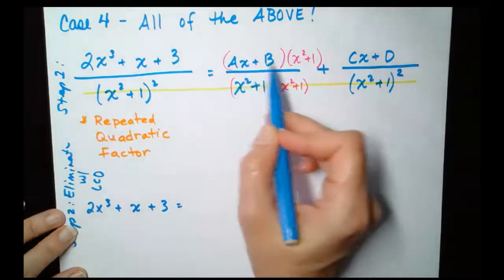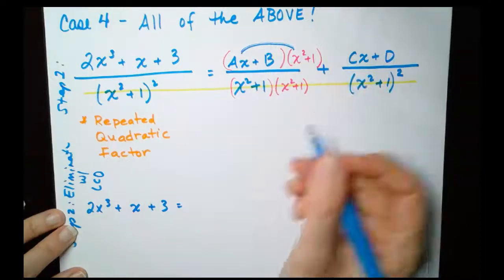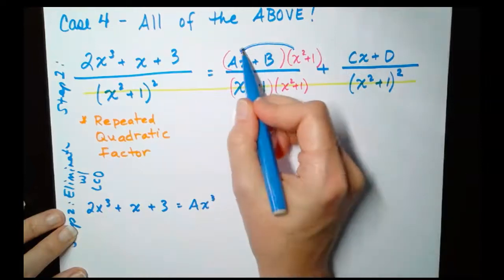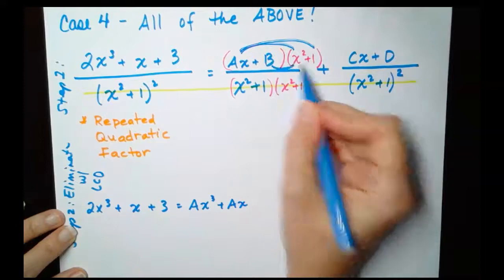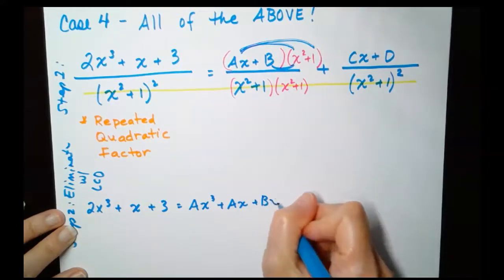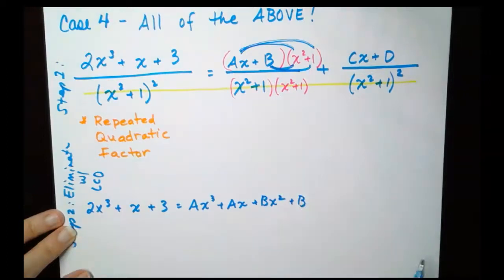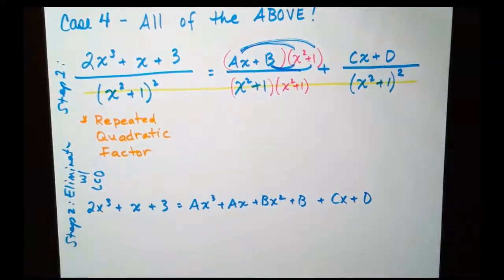We need to use the distributive property here. So ax times x² is ax³. Ax times 1 is ax. B times x², bx², b times 1 is b, plus cx plus d. So we eliminated the LCD. We're going to go ahead and start getting things moved around and put in order.